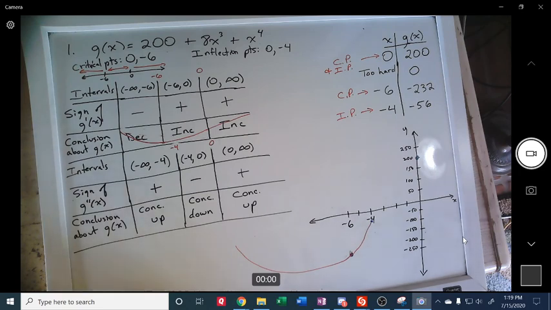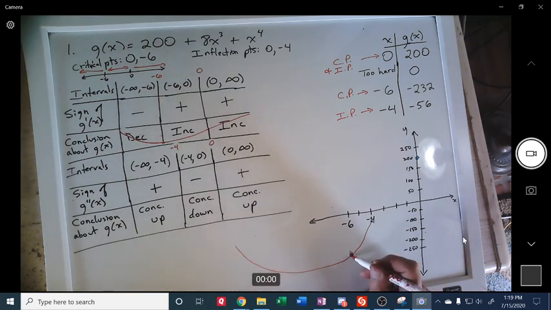But that is illegal. Can anybody tell me what's the problem here? Because at -6, that's where we've identified our local min. That's right. Local min, so that should be a slope of 0.